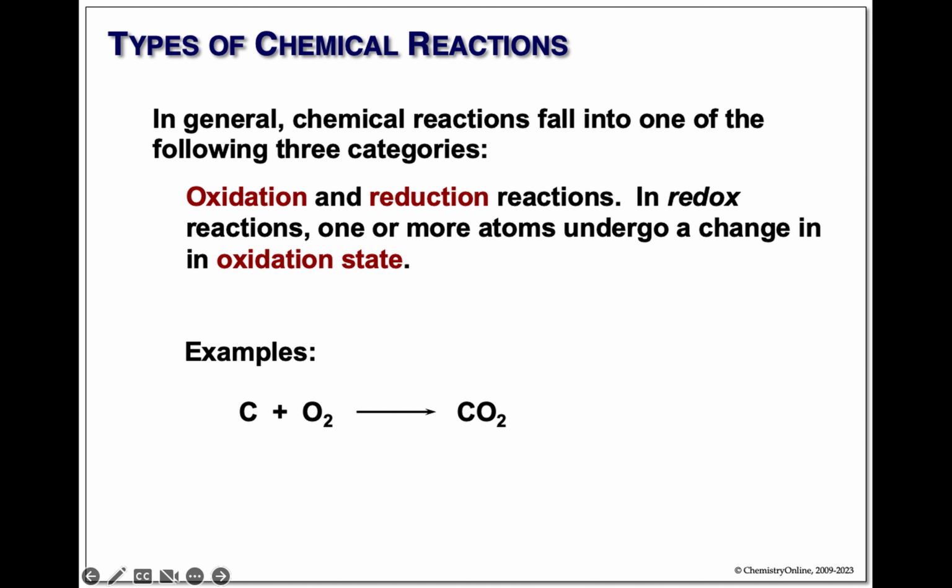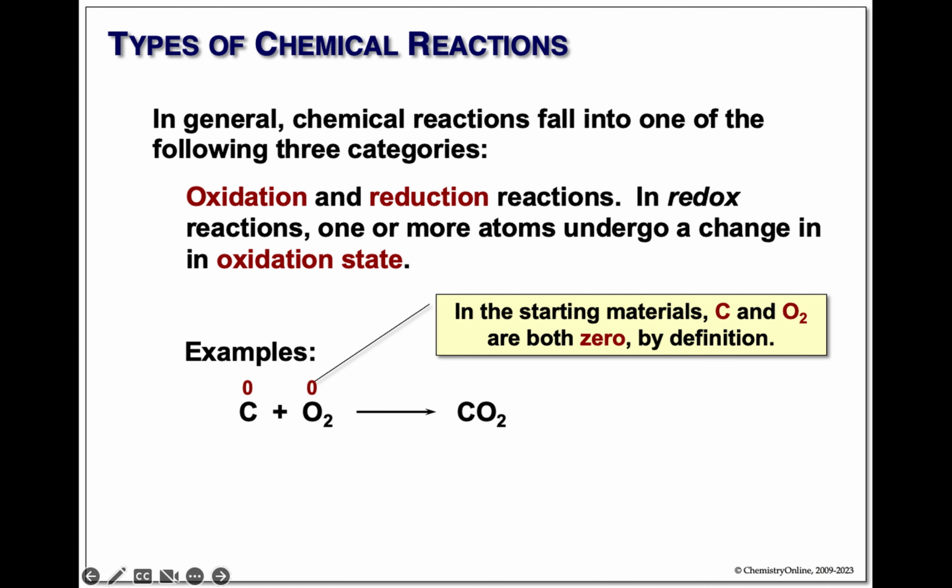Now, back when we were doing chapter 3-ish, we very quickly looked at oxidation numbers, right? I said there were a couple things you had to remember. Elements are always 0, and oxygen is almost always going to be -2. So, we're starting off with 2 elements here. Their oxidation numbers are 0.